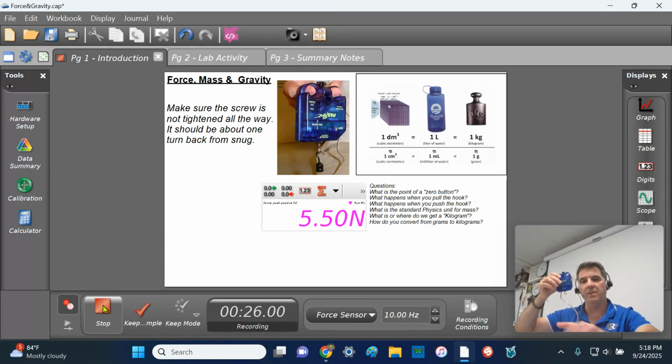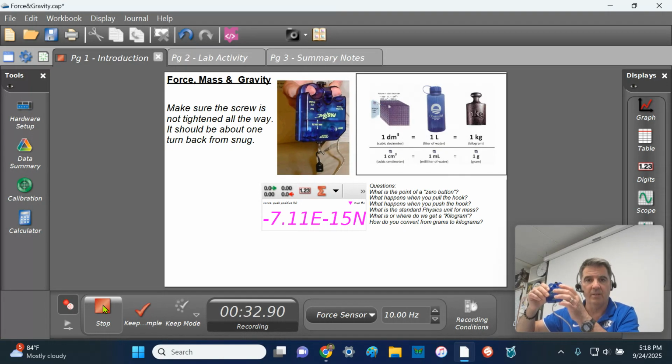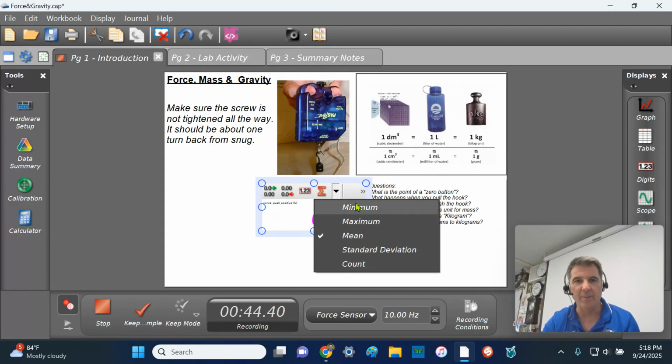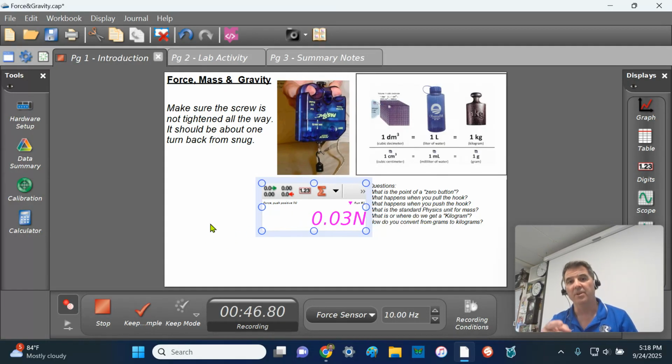I've got nothing on here, but it says there's 5 newtons on there. That's not true. I'm going to zero this because I want it to be 0 just like that. And that is zeroed. It's giving me way too many digits. 7 times 10 to the negative 15 is basically saying 0.0000000000007 newtons.